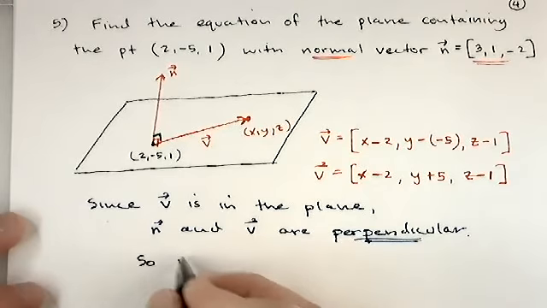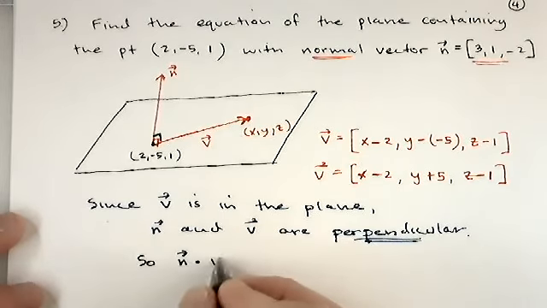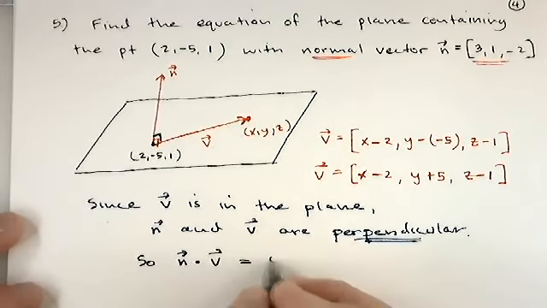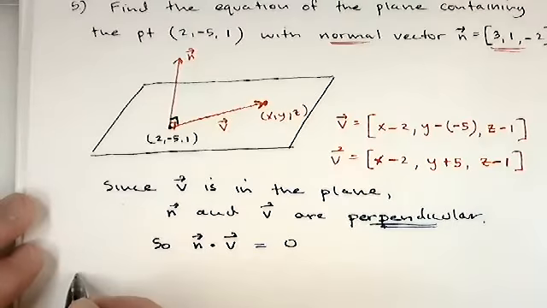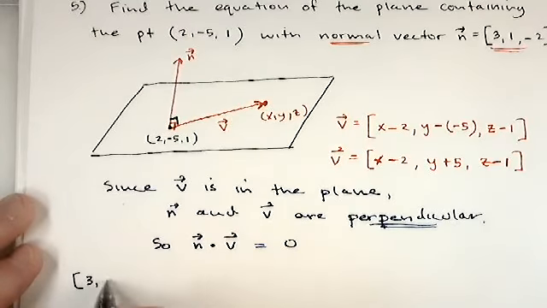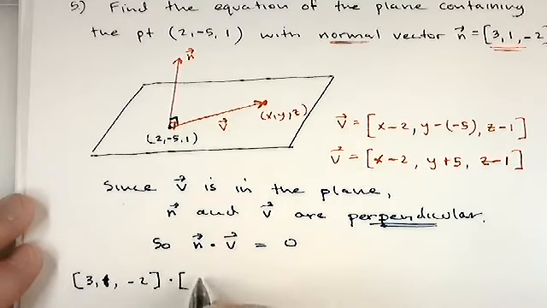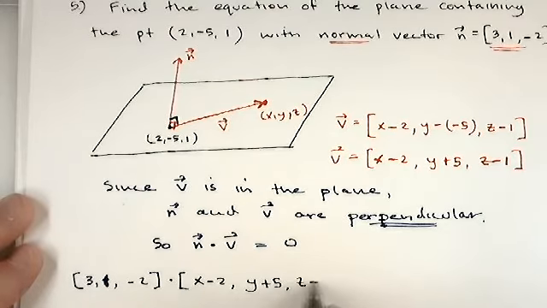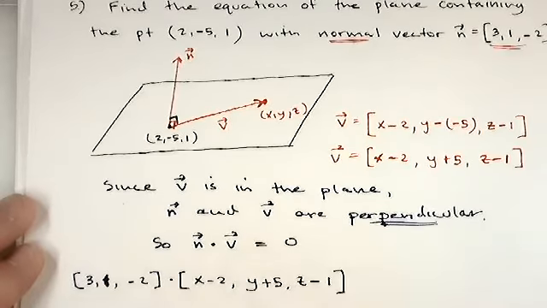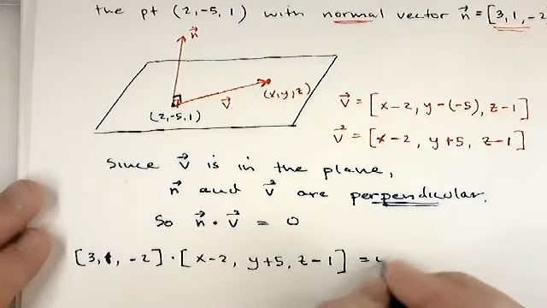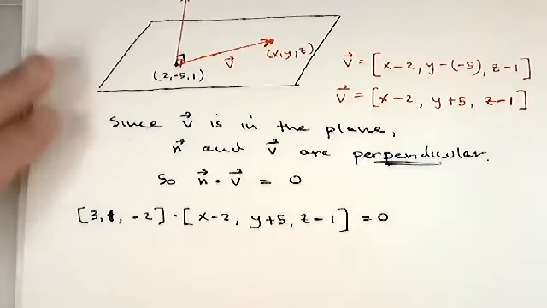So N dotted with V must be equal to 0. So let's do that dot product. N is (3, 1, -2), dotted with (x minus 2, y plus 5, z minus 1), must come out to be 0.